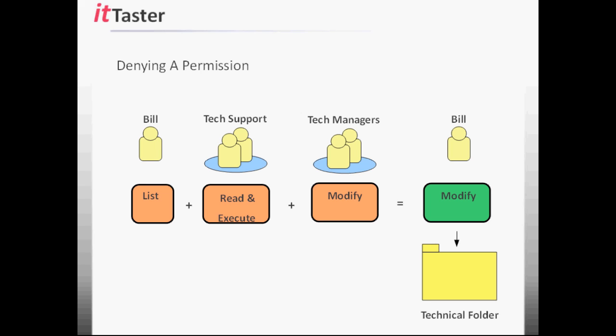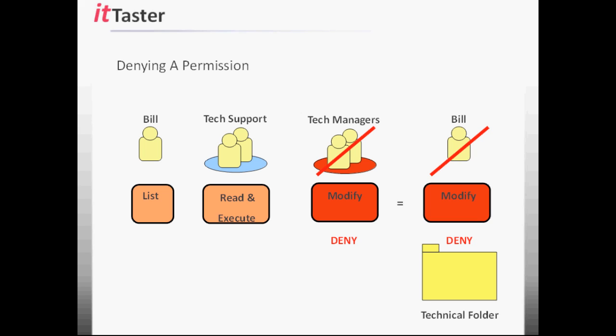We know that allow permissions are cumulative, and Bill's effective permission is modify. But if we were to assign deny modify permission to the tech managers group, members of the tech managers group, which includes our user Bill, are now denied modify permission to the technical folder. Therefore, Bill is denied modify permission to the technical folder.